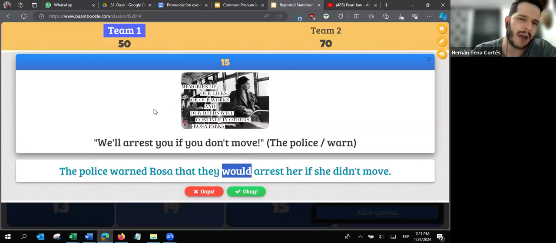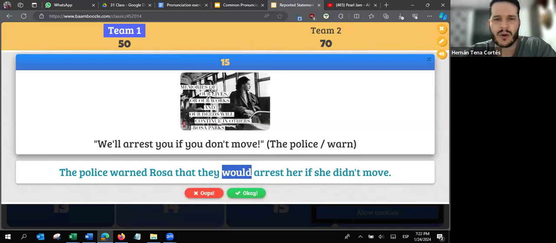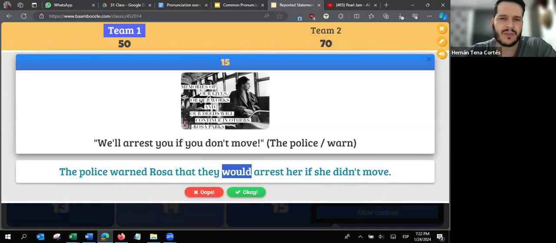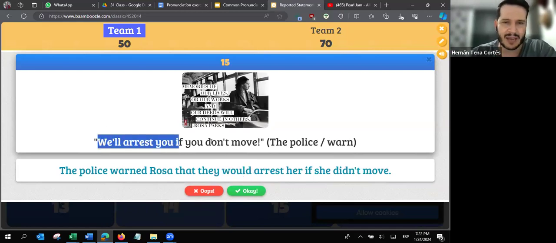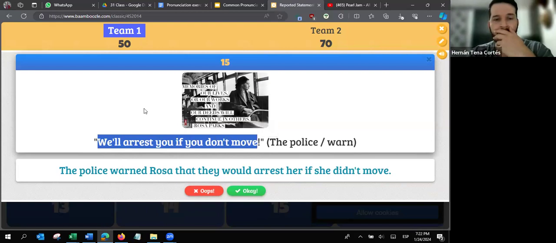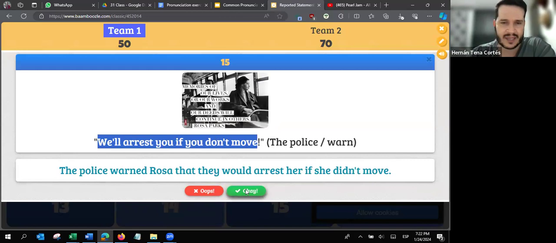They had to sit in the back. And Rosa Parks was told that she had to sit in the back of the bus, and she says, I'm not going to do it. And then the police came and they said, we will arrest you if you don't move. And of course, this was one of the things that started the civil rights movement in the United States.